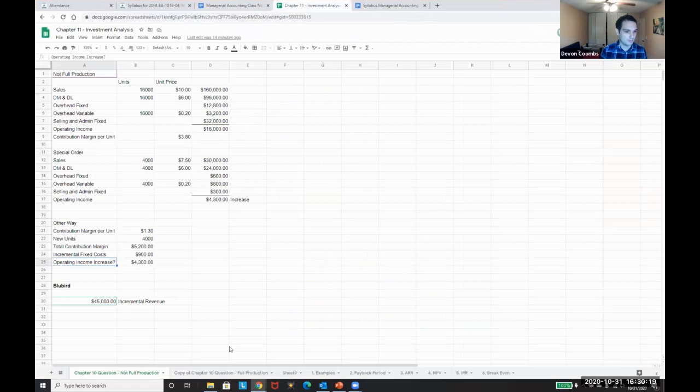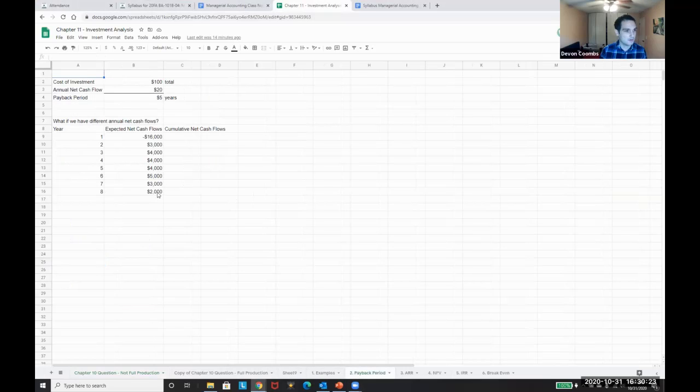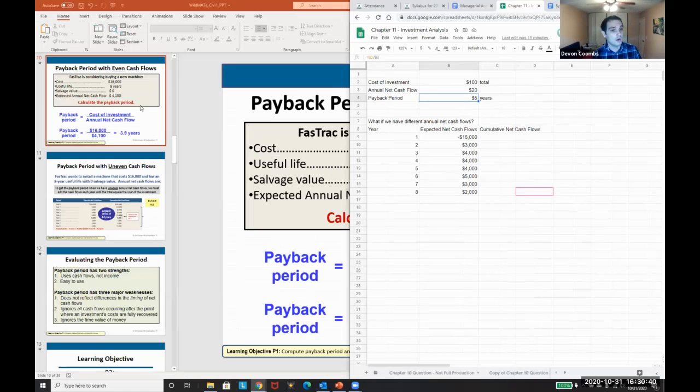If we go to payback period, we go into our payback period, we can see the cost. We can play with this cost of investment and with the annual net cash flow. So this is tab 2, cost of investment and annual net cash flows to get the number of years. And so this is just a simple division of B2, the cost of investment, by the annual cash flows.